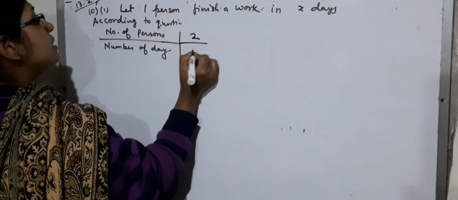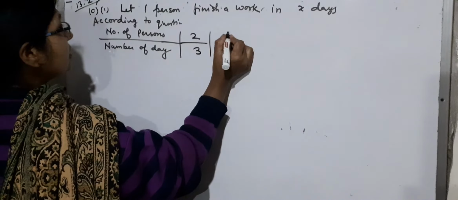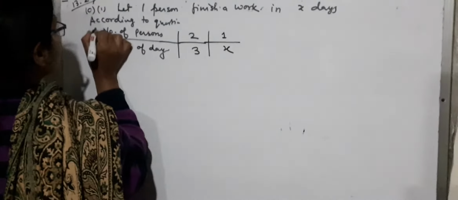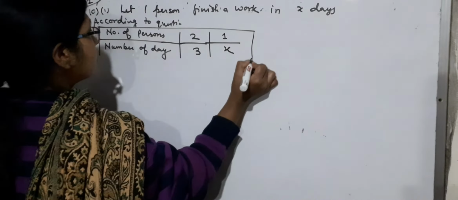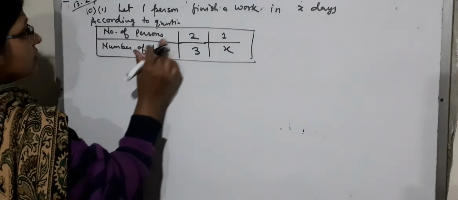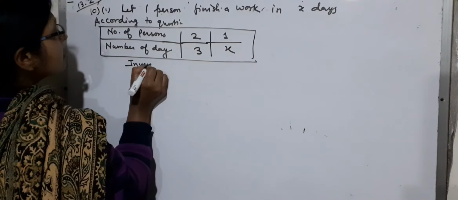When number of persons is 2, then number of days is 3, and when number of persons is 1, then number of days is X. This is inverse proportion.